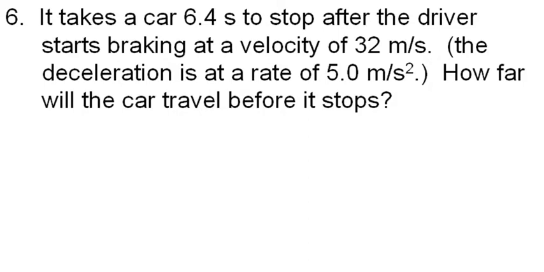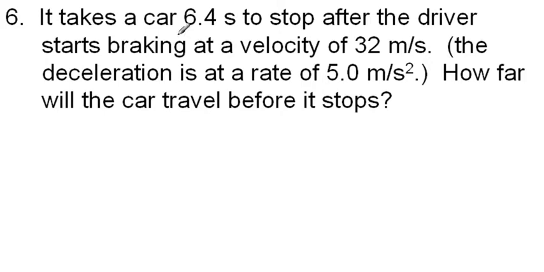Now number 6. It takes a car 6.4 seconds to stop after the driver starts braking at a velocity of 32 meters per second. The deceleration is at a rate of 5.0 meters per second squared. How far will the car travel before it stops? So let's start listing out our variables here.